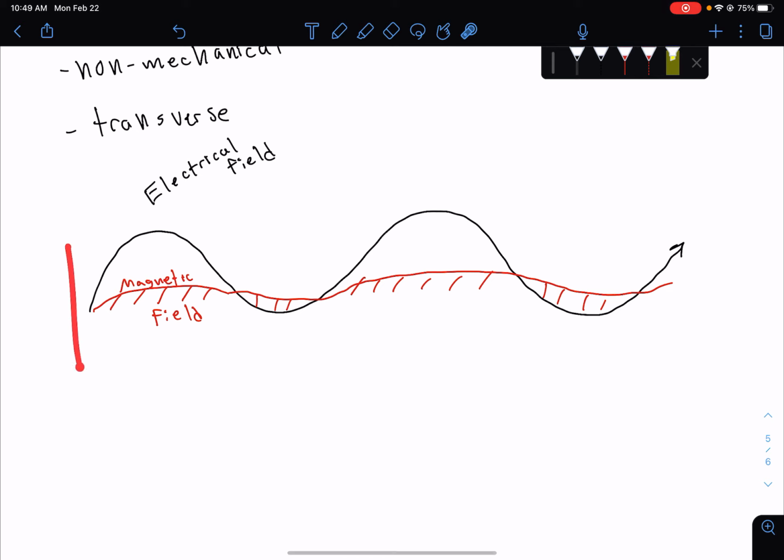So if the electrical fields move up and down, the magnetic fields are going to operate left and right in a three-dimensional plane in the electromagnetic spectrum.